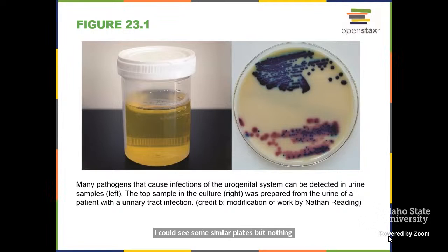I know this has got to be some sort of selective and differential media. There are lots of things that pop into my mind. I know it's probably not the right thing, but I see this blackish looking pigment, and I think hydrogen sulfide production, and then I think Salmonella. I don't think that's what we're looking at at all.